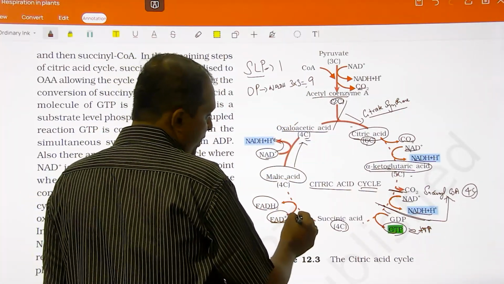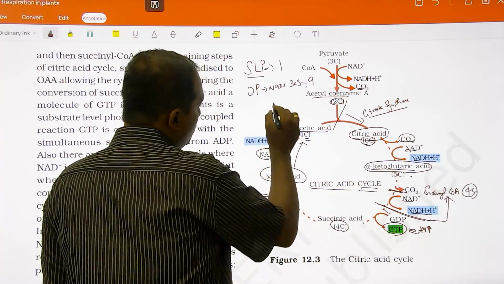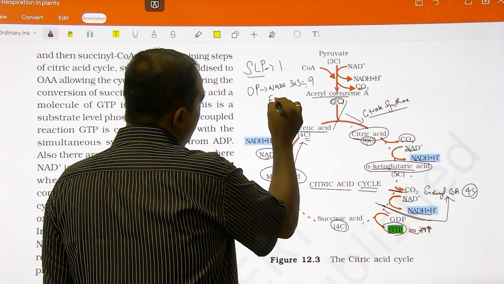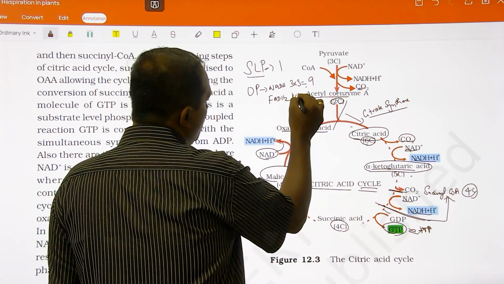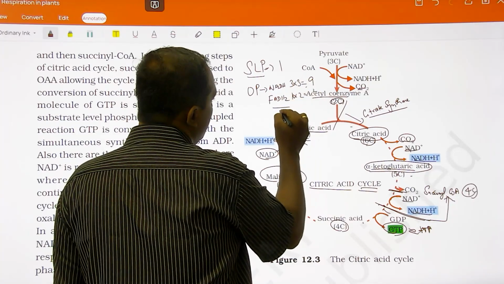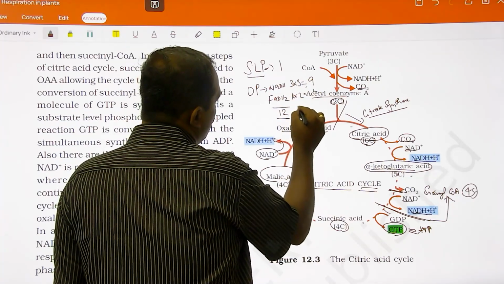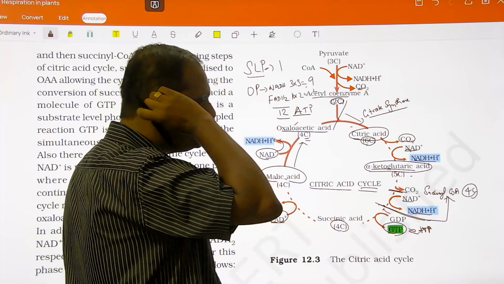So how many FADH2 do you have? Here, this is one FADH2. So 1 FADH2 yields 1 into 2 ATP, so it will be 2. So 9 plus 2 plus 1 is going to be how many ATP totally? We are going to have 12 ATP. So one Krebs cycle yields how many ATP? 12 ATP. Clear?